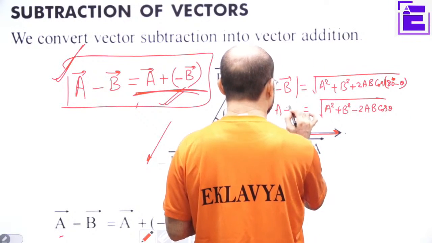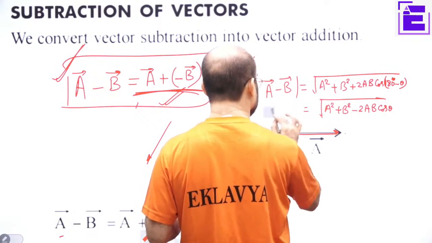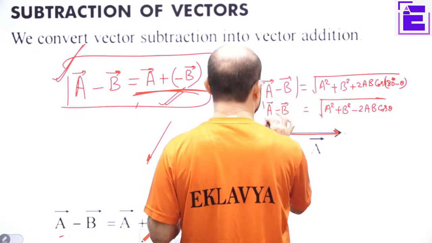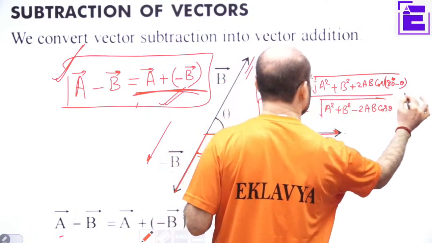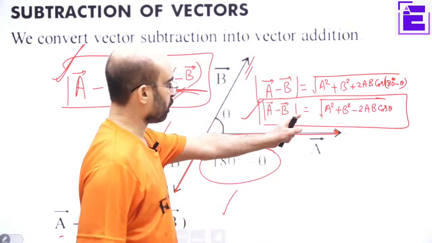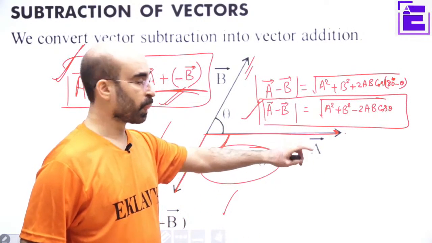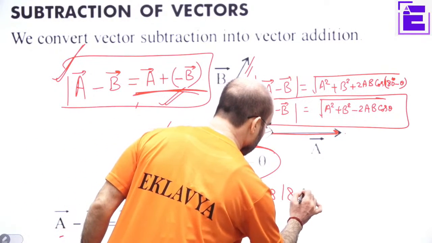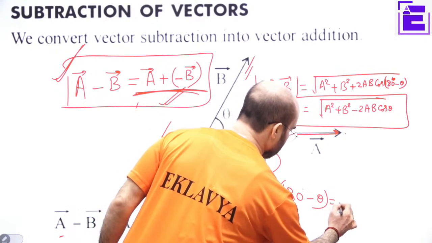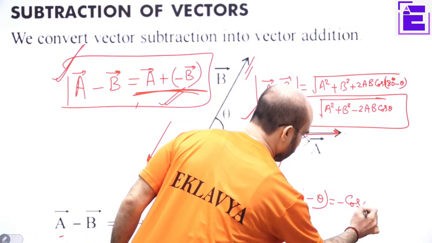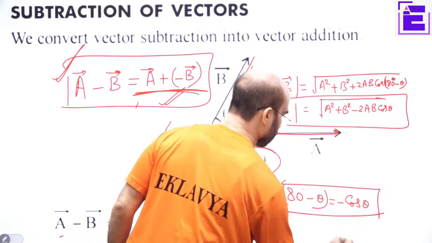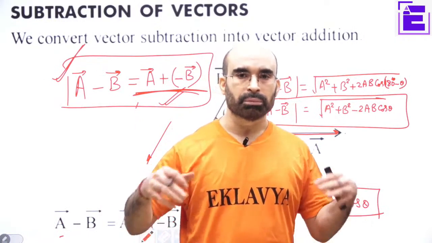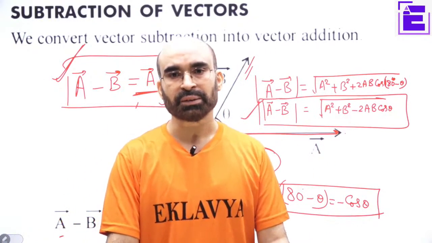This is going to be the magnitude of subtraction of vectors. If you subtract two vectors, in this manner you will get the result. So this was the basic thing, and we will do questions based on this.